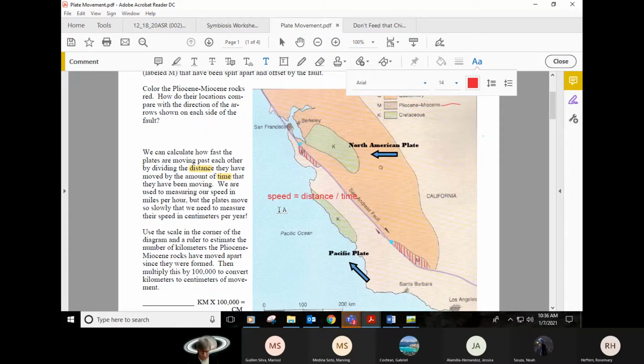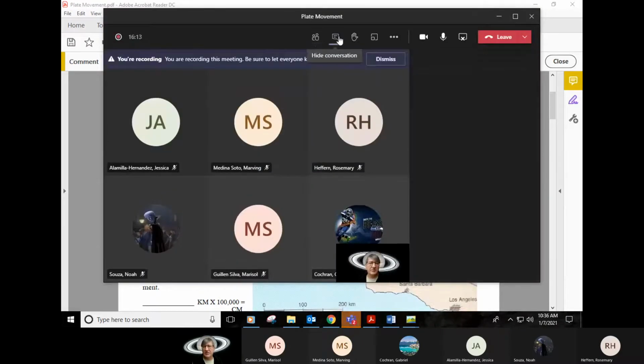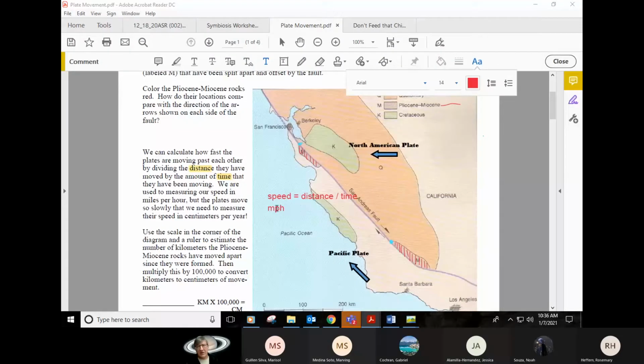For us, what we usually think of as speed is miles per hour, right? MPH. Well, per means divide. Isn't miles a distance? And isn't hours a time? See what I'm saying there? Distance divided by time, miles per hour. That is distance divided by time.